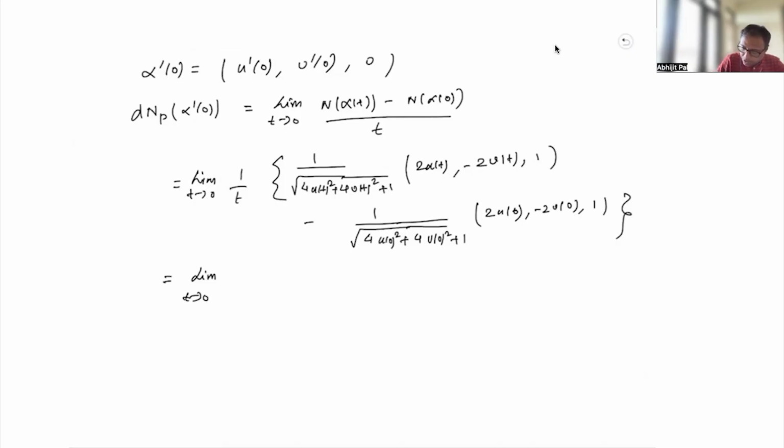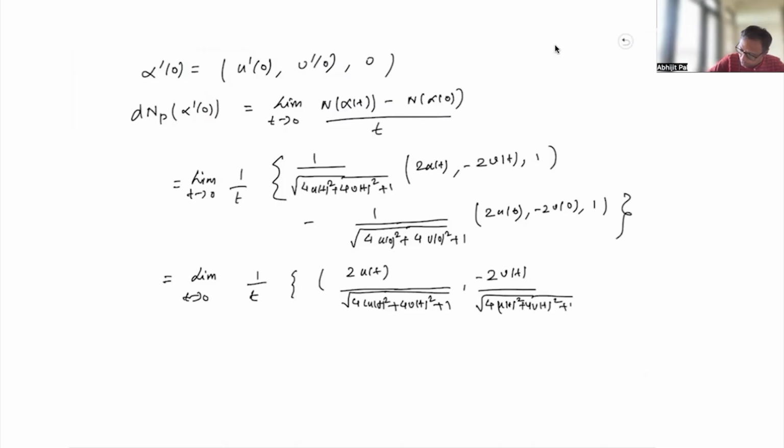So this will be equal to limit t tends to 0, 1 by t multiplied by (2ut divided by root over 4ut² + 4vt² + 1, 2vt divided by root over 4ut² + 4vt² + 1, 0).